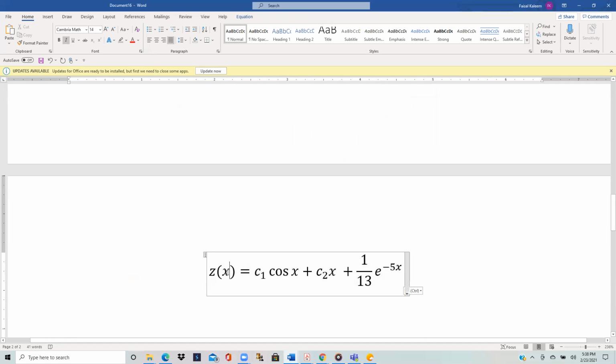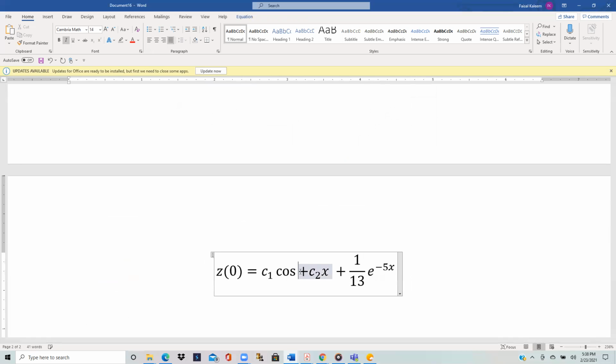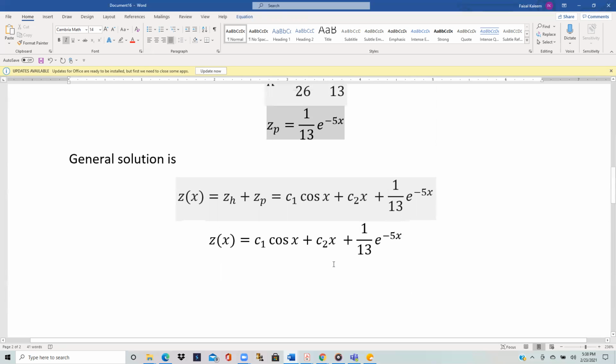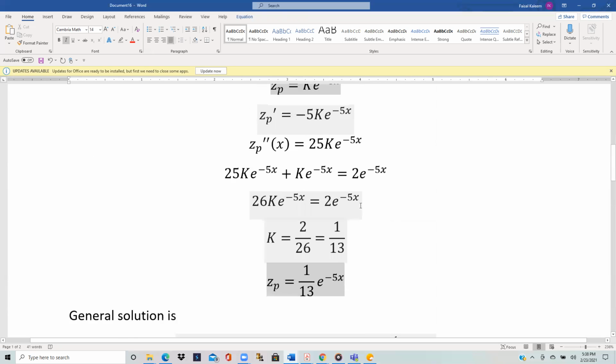So Z of 0 would be c1 cos 0 plus, oh, this was not c2 x, but c2 sin x.